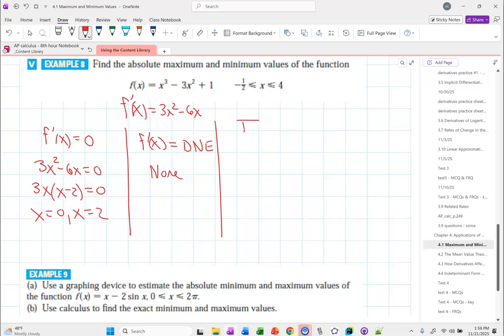All right, so now we do our test. I need to test 4 values: my 2 critical numbers and my 2 endpoints. If you had a number where the derivative didn't exist, I would have to check that one too, because that's still a critical number.